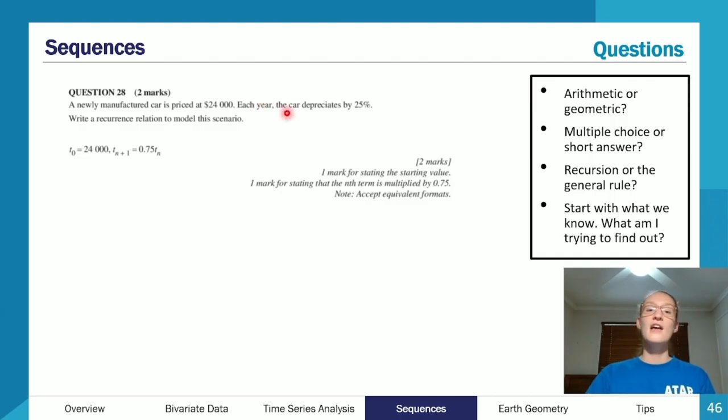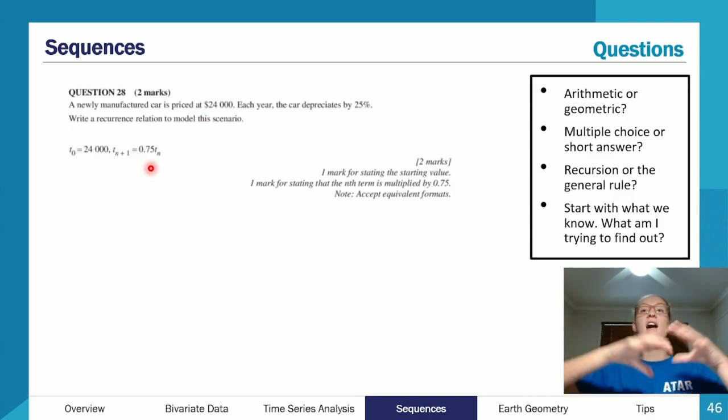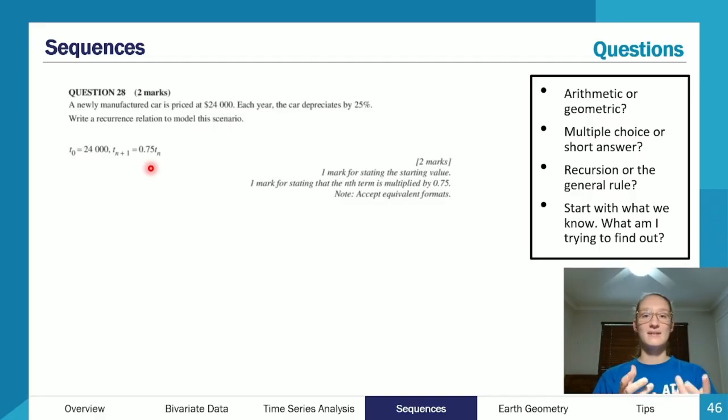But in this scenario, every year it's depreciating by 25%. So our r value, our common ratio, is 0.75. And that's to illustrate that every time 1 year has passed, the car is now worth 75% of what it used to be worth, because it's dropped in value by 25%.